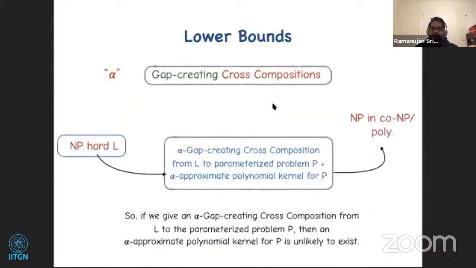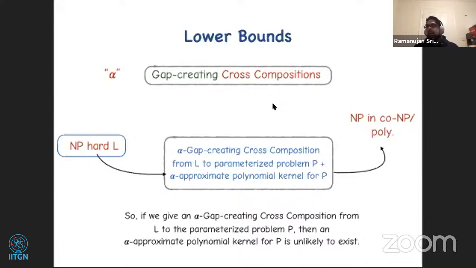Now, why is this useful? Again, you can come up with a composition argument which goes as follows. If you have an alpha gap creating cross composition from L to your problem P, and hypothetically you have an alpha approximate polykernel for this problem, then you can show, using techniques similar to what you've already seen, that NP is in co-NP/poly.